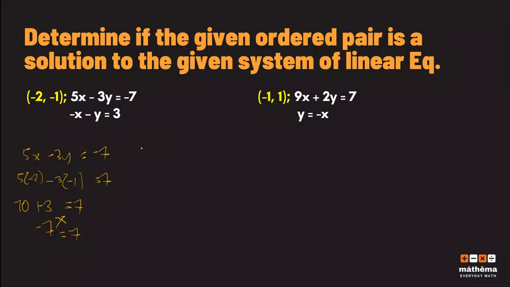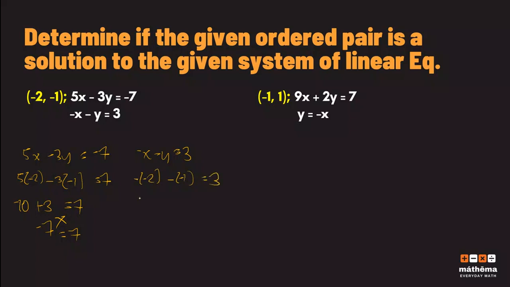Second one, we have negative x minus y equals 3. x is negative 2, so we have negative of negative 2, and then minus our y, which is 1, equals 3.